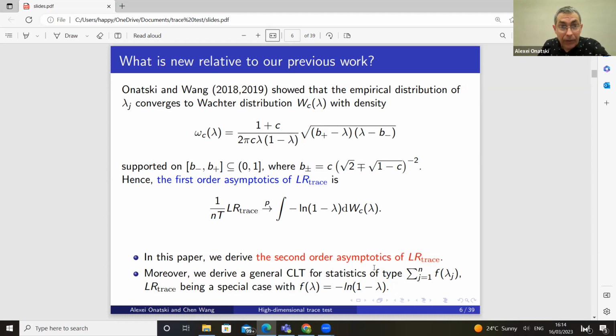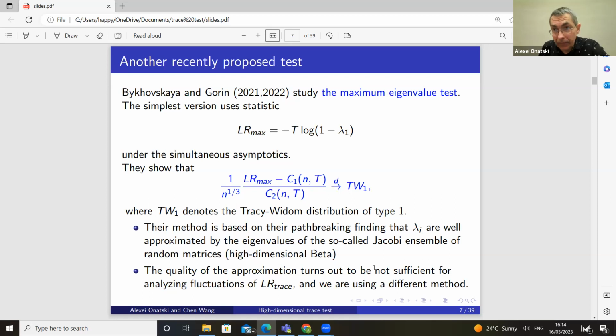Now, there was another work, and it's Anna's work with Gorin, and there are 2 papers by now, and they consider also test not just first order behavior but second order behavior, but not of entire empirical distribution of lambdas, but of the largest several largest eigenvalues.